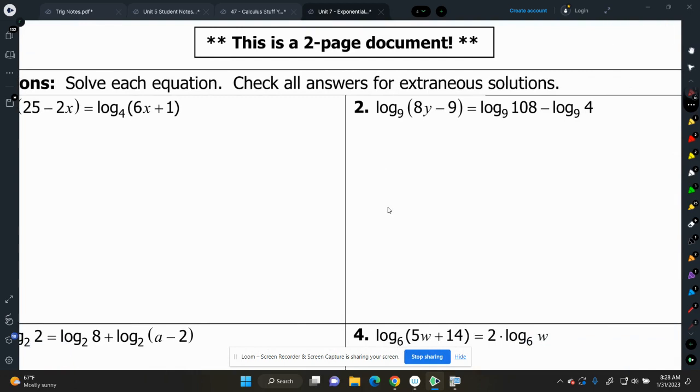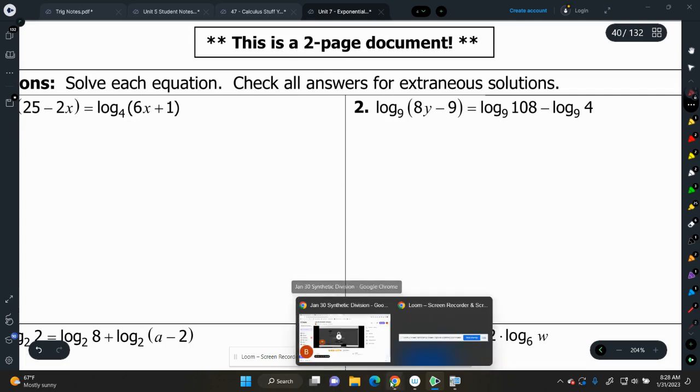Yep. There's a paper towel right there. Go ahead.